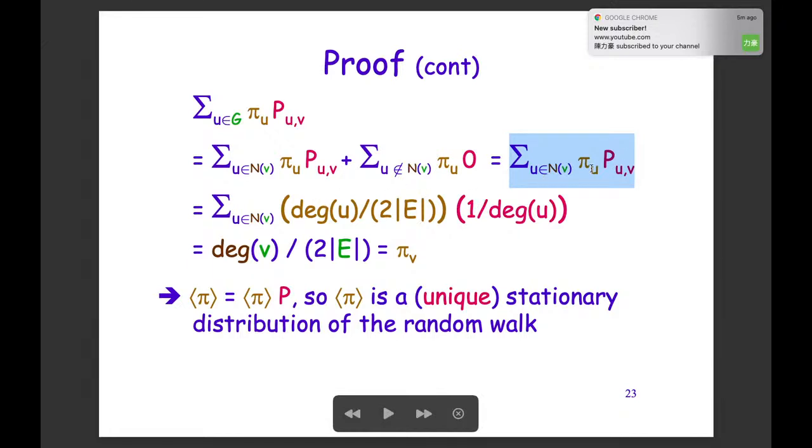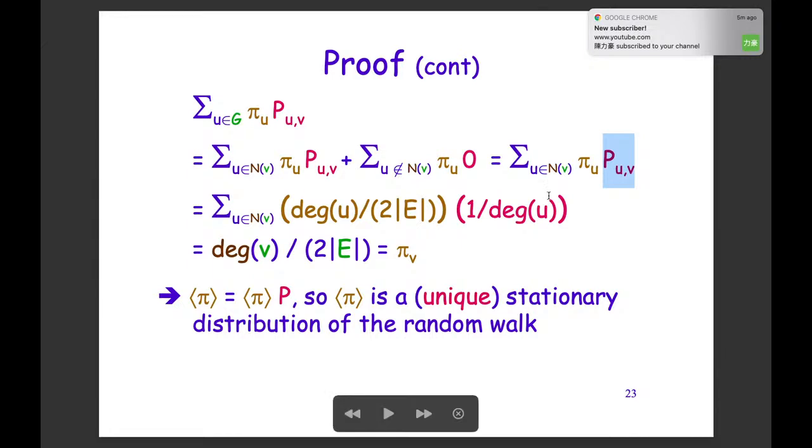So what is pi u? By our choice, pi u is the degree of u divided by 2 times the number of edges, the total degree. And what is P u v? It is the chance of moving from state u to state v in the next step. Because this is a random walk on a graph, from state u there is an equal chance to go to each neighbor of u.